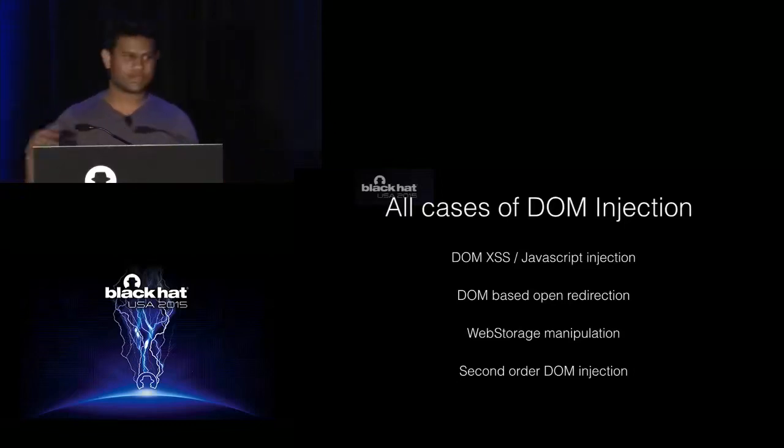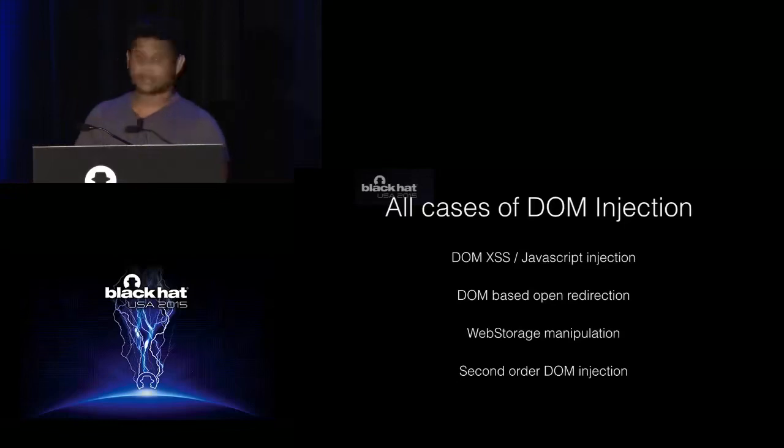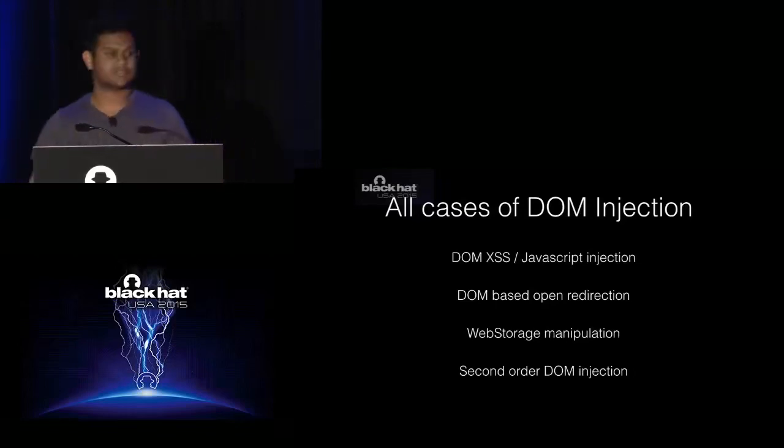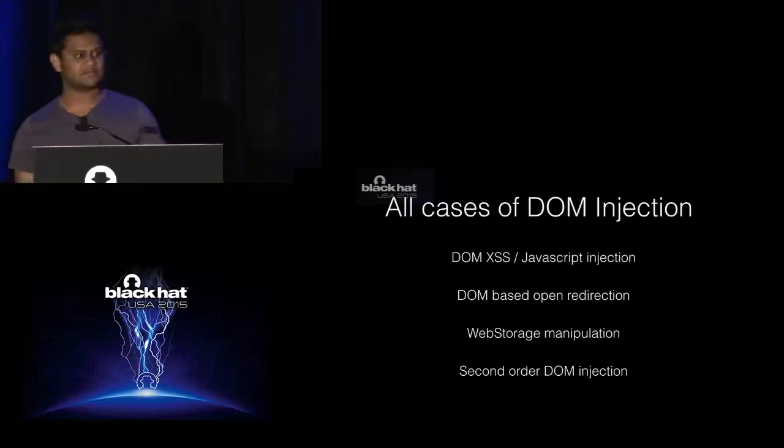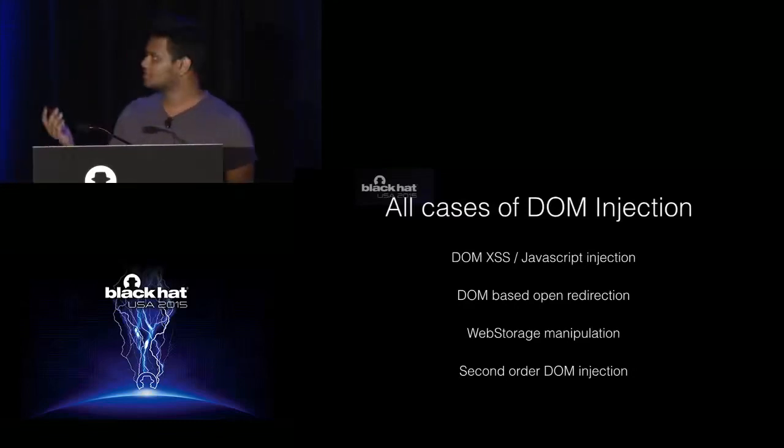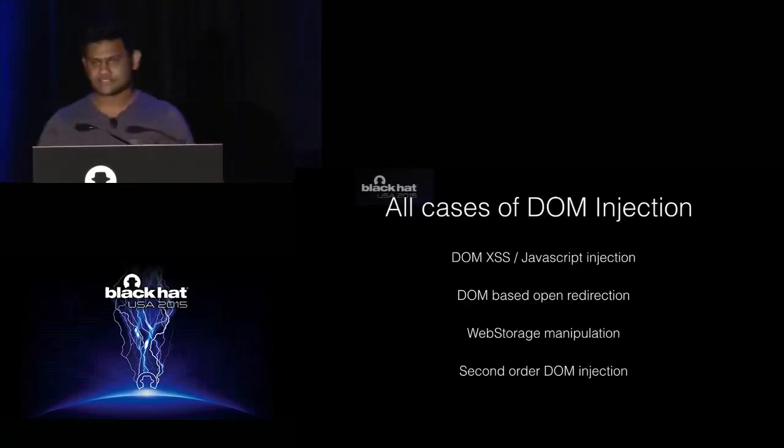This is especially useful in advanced open redirections, for example if someone is doing specific spear phishing, a DOM-based open redirection is a pretty good thing to do, because even if you have bots sitting on the server side, they wouldn't get to know what's happening. And things like web storage manipulation, every kind of HTML5 API manipulation, local storage, WebSockets, things like that.